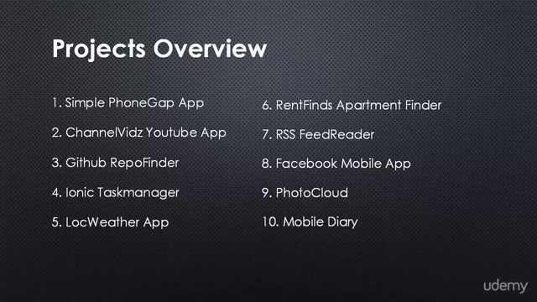Ionic is a really nice full-featured mobile framework to build mobile applications using HTML and JavaScript. So we'll be building a Task Manager app, which will be a full CRUD application. Chapter 5 will be the Loc Weather app. So this is a location and weather application.